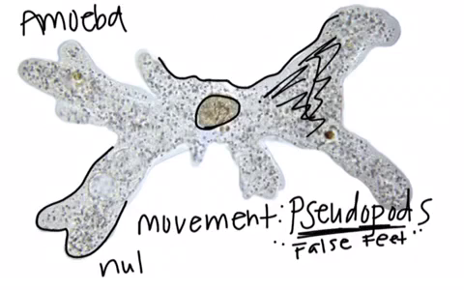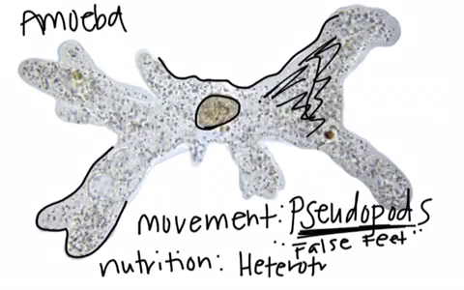Okay, nutrition, interestingly enough, these pseudopods become part of the nutrition process as well. It is what we call a heterotroph, meaning that it consumes food. It has to eat things in order to survive.